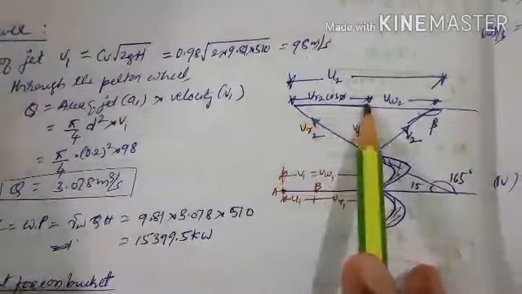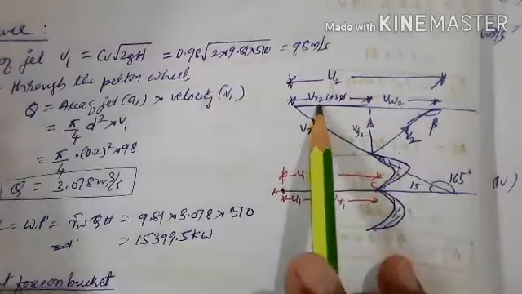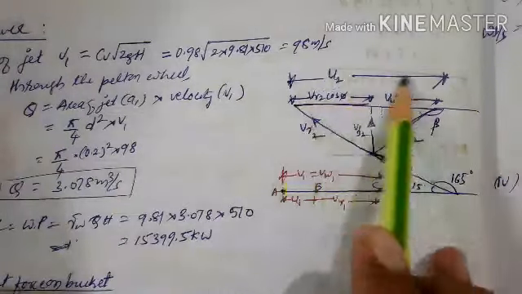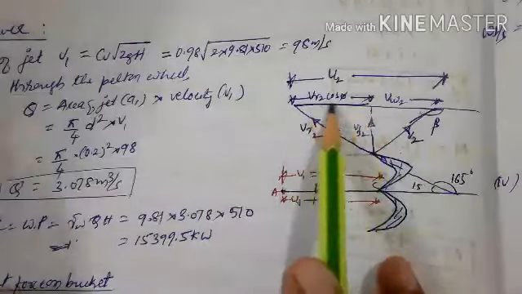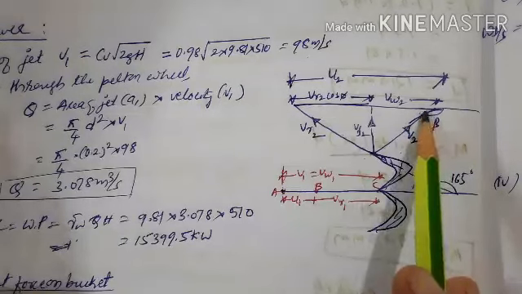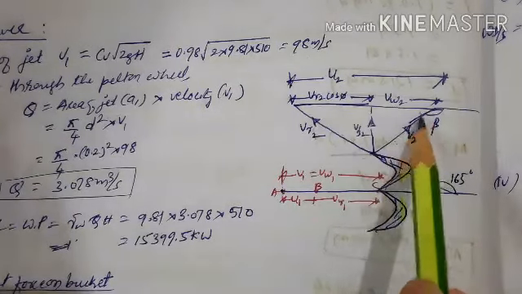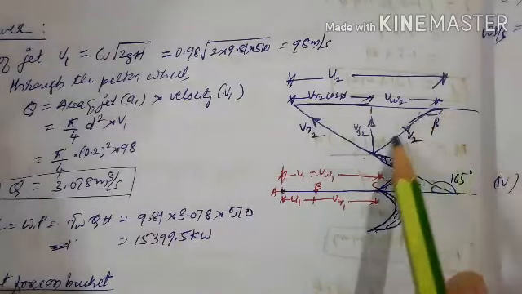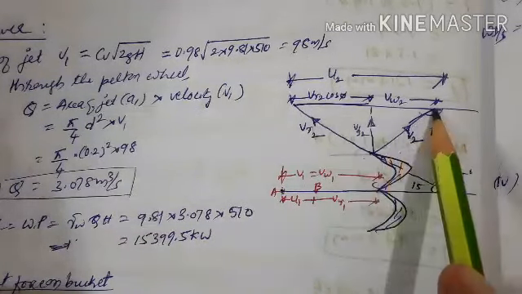This is VR2 cos phi. In this case U2 is greater than VR2 cos phi, hence the magnitude of U2 will be this much. Draw this U2, then VR2 cos phi is this much. So when we draw U2, automatically beta will become more than 90 degree, so beta will become an obtuse angle. Okay, so this is U2.